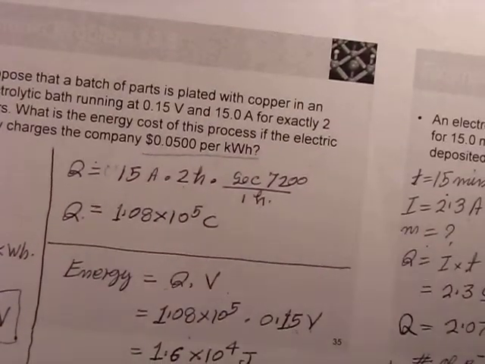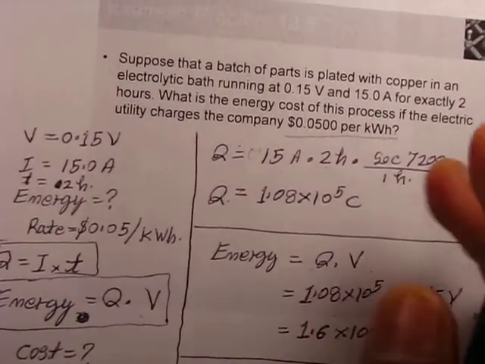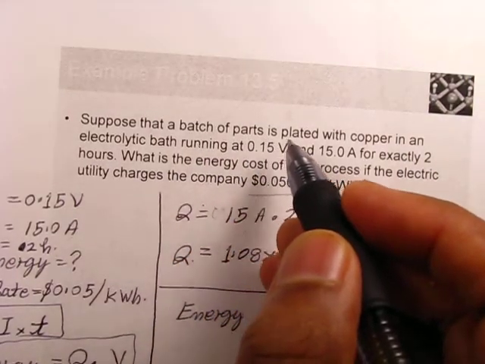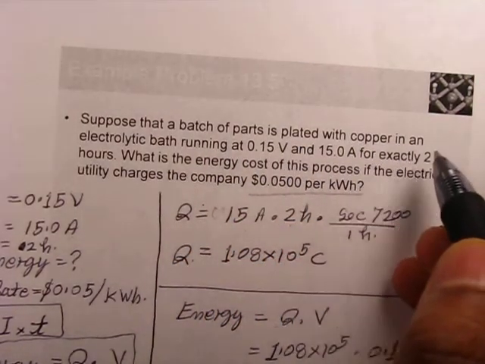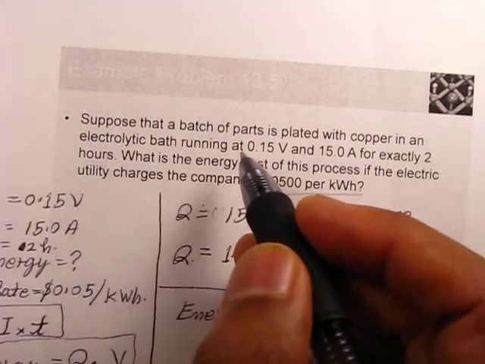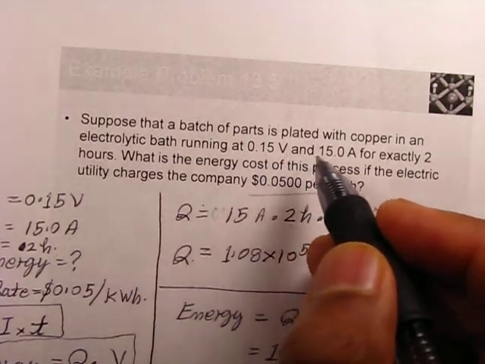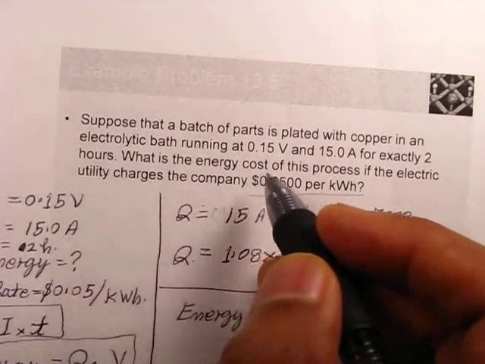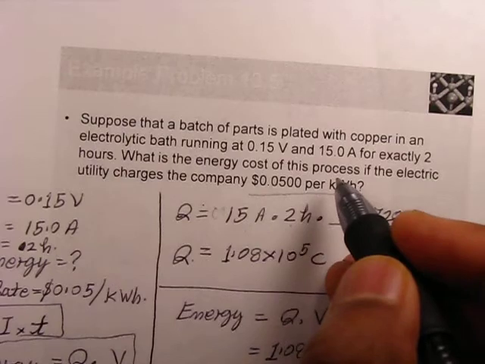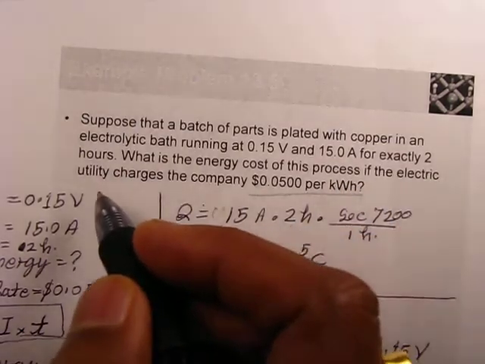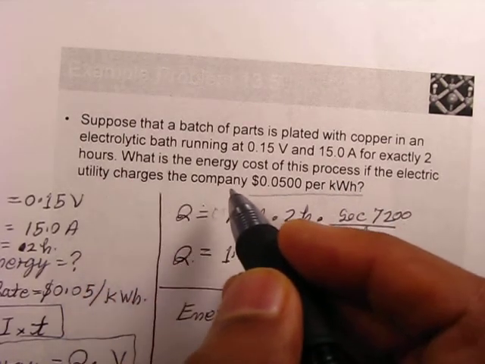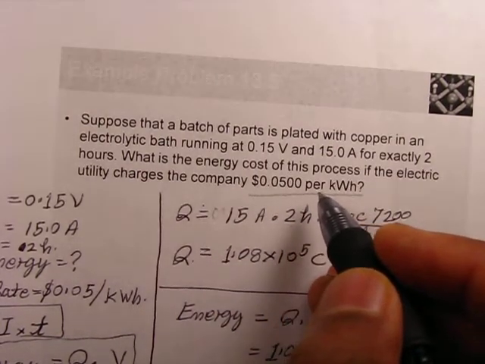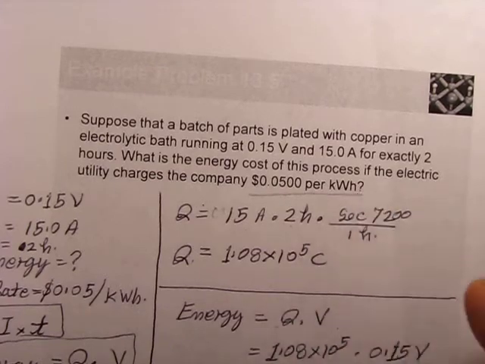So let's solve this question. Suppose that a batch of parts is plated with copper in an electrolytic bath running at 0.15 volt and 15 ampere for exactly 2 hours. What is the energy cost for this process if the electric utility charges the company $0.05 per kilowatt-hour?